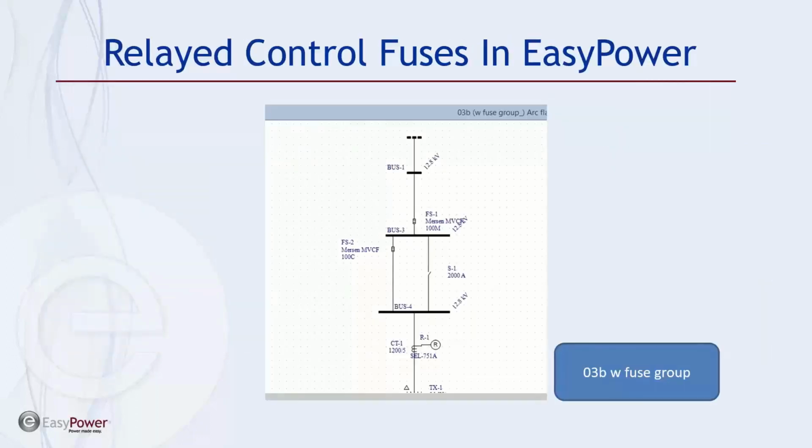Now, in EasyPower, for several years now, we've had what we call relay controlled fuses, where the switch is in parallel to the current limiting fuse, and the difference here is to open up the low resistance current path and let the fuse respond accordingly.